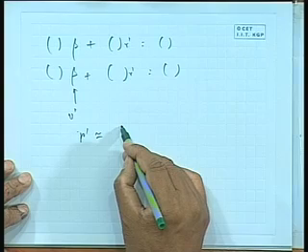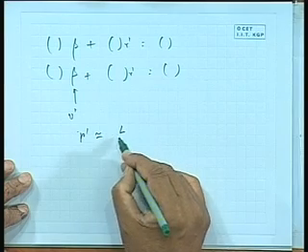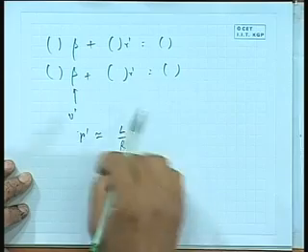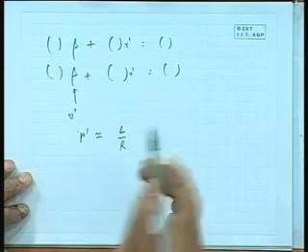Now there is one more thing: r dash we can show is equal to L by R, where L is the length of the ship. I am not proving that here, but in fact we can also prove that.